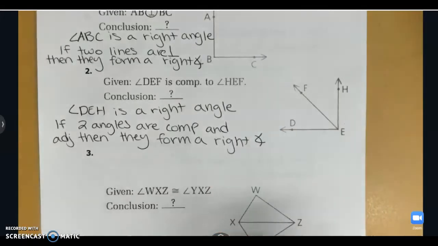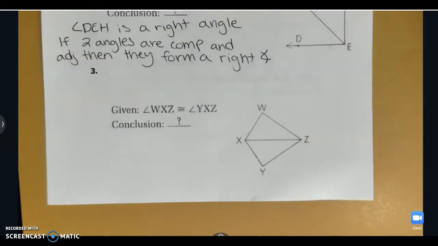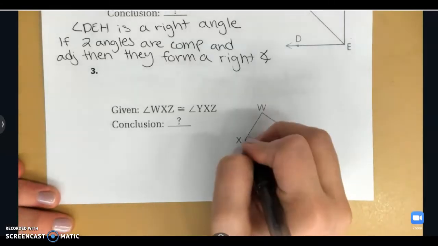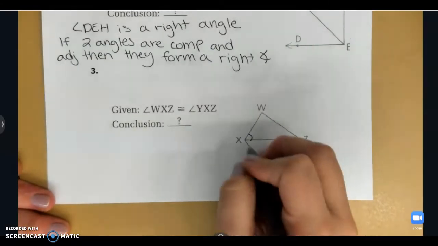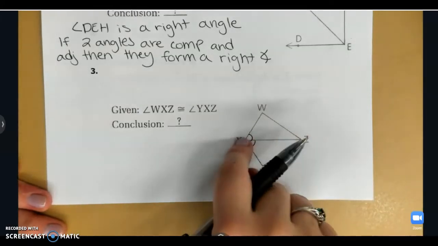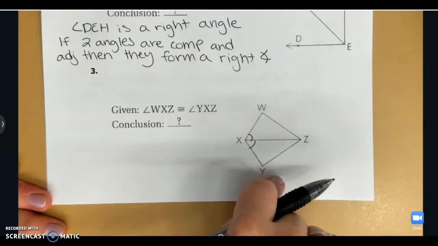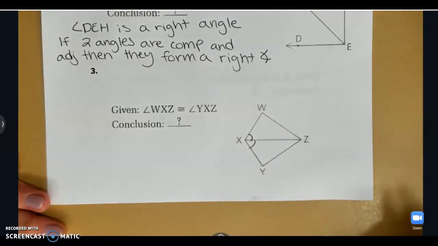And again, I'm going to be using abbreviations and shorthand. All right, so the last one on this page, number 3, we're told angle WXZ is congruent to angle YXZ. So my conclusion there would be that this line XZ bisects the larger angle WXY because it's split into two smaller pieces.